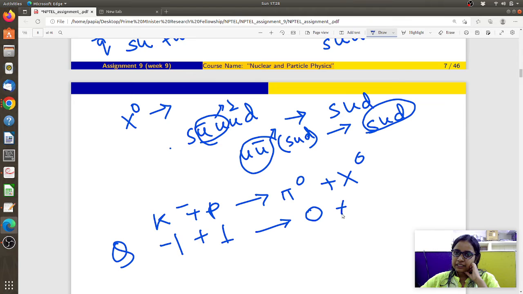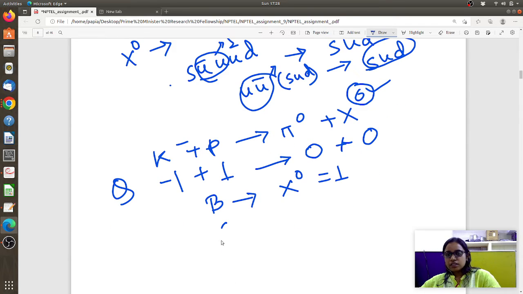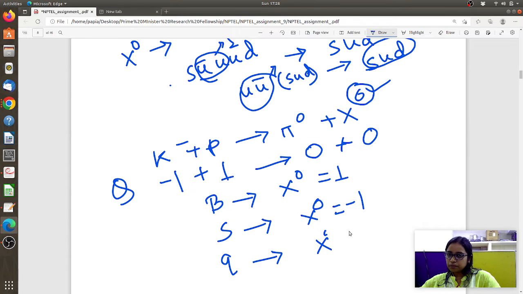So X0 should have a charge of 0, which is mentioned here also, so whatever we have done here is correct. So the answer of that question is: the baryon number for X0 is 1, the strangeness number for X0 is minus 1, and the quark content of X0 will be s u d.